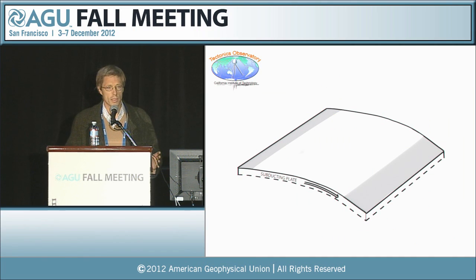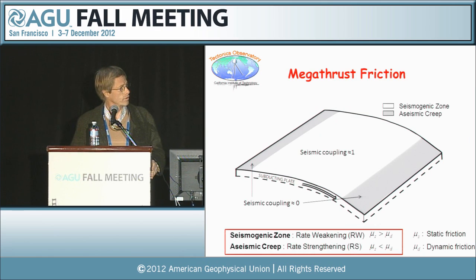The problem is that there's an infinity of ways of doing that. The idea is that you're paving the locked portion of the plate interface with a lot of earthquakes so that in the end, they match the long-term slip rate imposed by the convergence between the two plates. And that's a difficult problem.